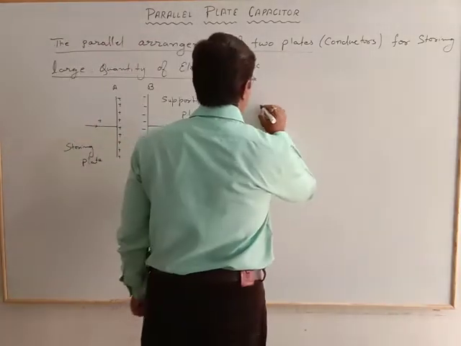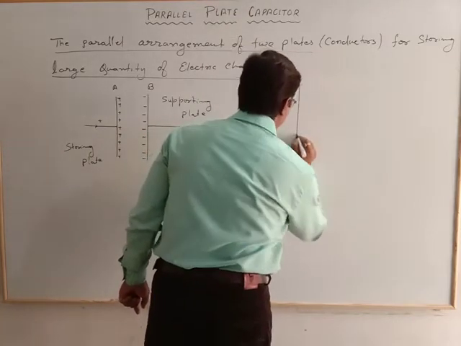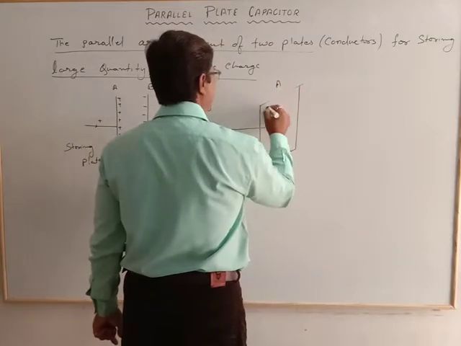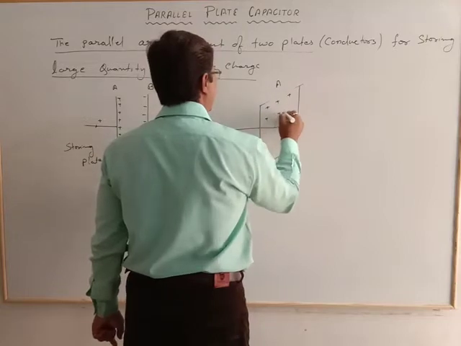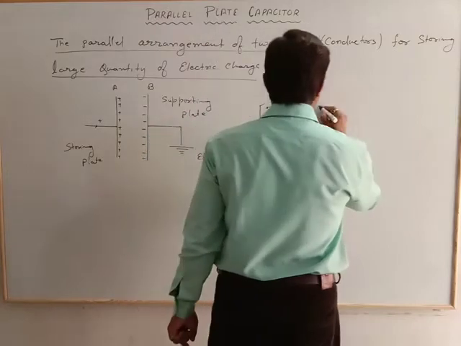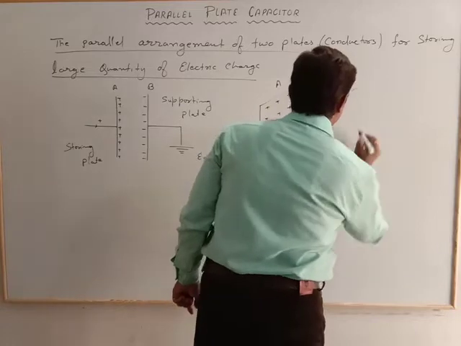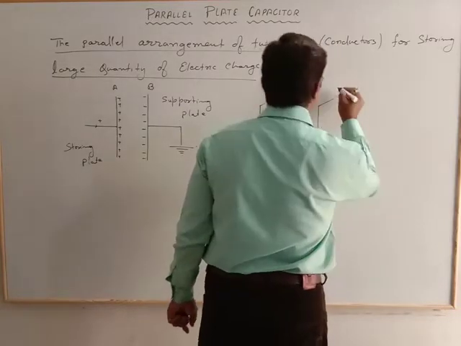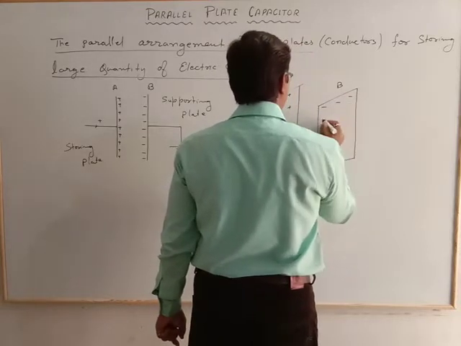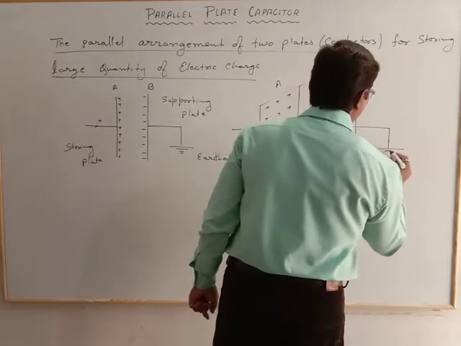We can also draw it like this: one plate A, where the charge is supplied, and another plate exactly parallel to it, which is the supporting plate, where the negative charge is induced, and which is earthed.